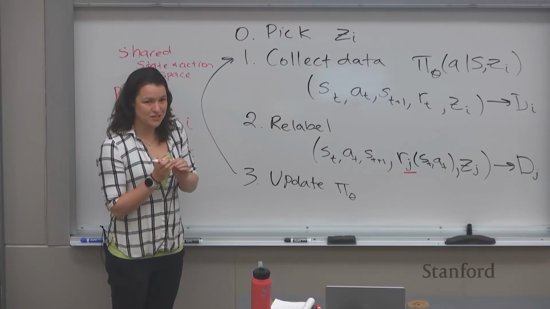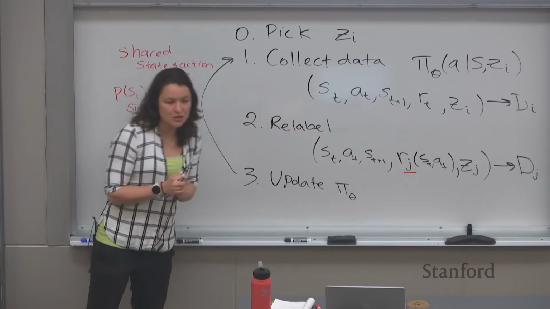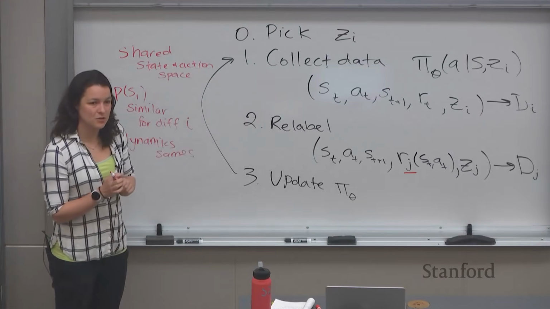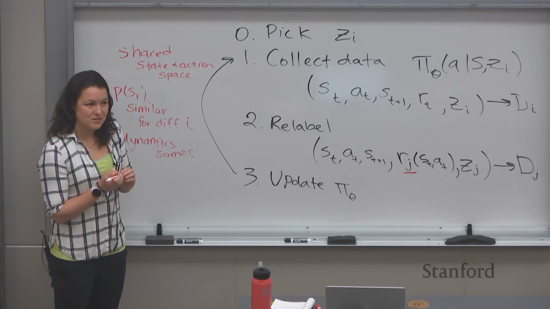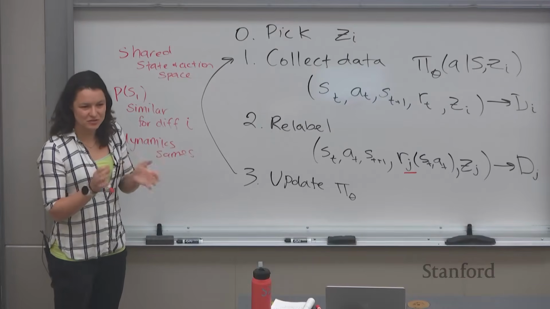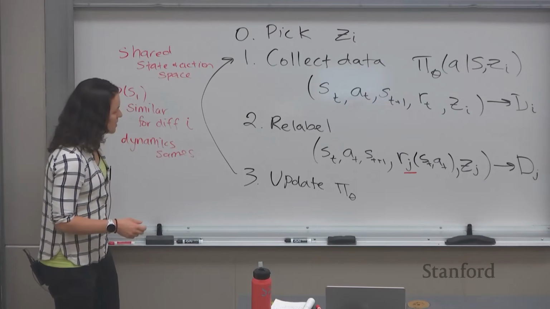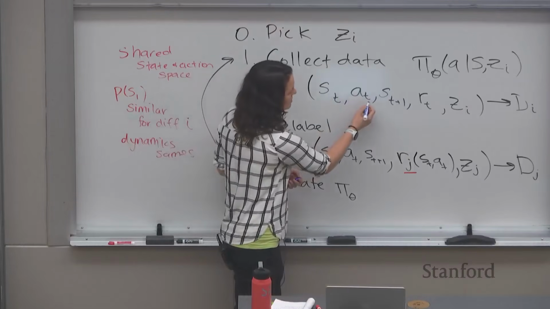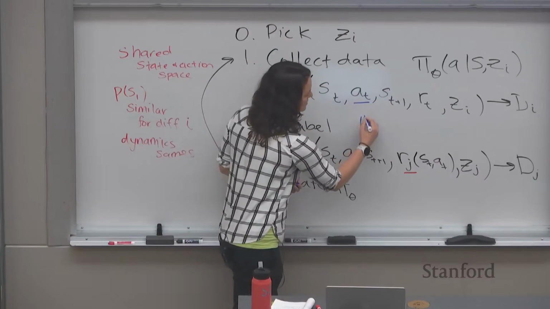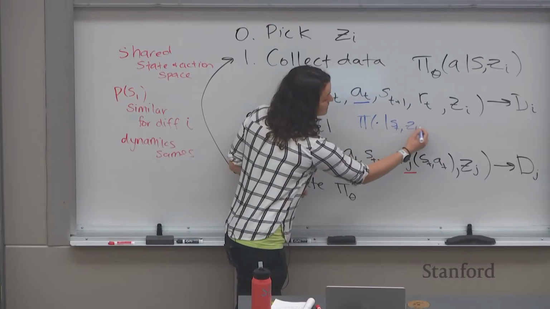My last question is, do you need this to be an off-policy RL algorithm, or is it okay if this is on-policy? Any thoughts on that? Off-policy is generally good. Yeah. So the action here was the action that was taken by the policy when conditioned on z_i.